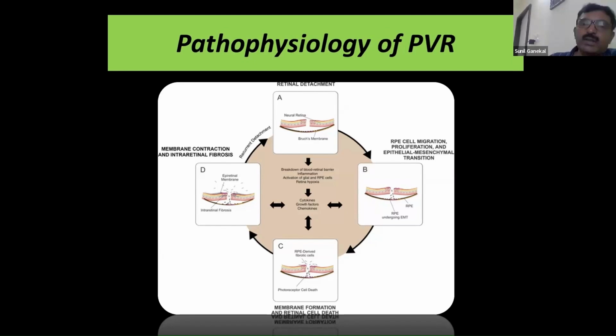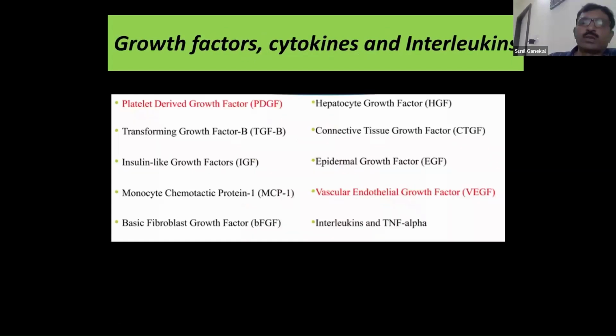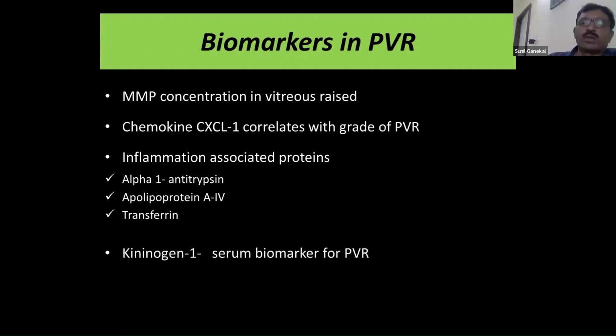There are very many growth factors which have been described, with interleukins like platelet derived growth factor, transforming growth factor, even VEGF, interleukins, the fibroblast growth factors. All these collectively contribute to the pathophysiology of PVR. Like that, we have certain biomarkers for patients with PVR.